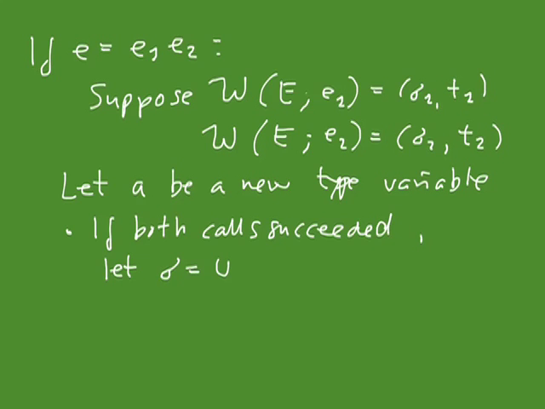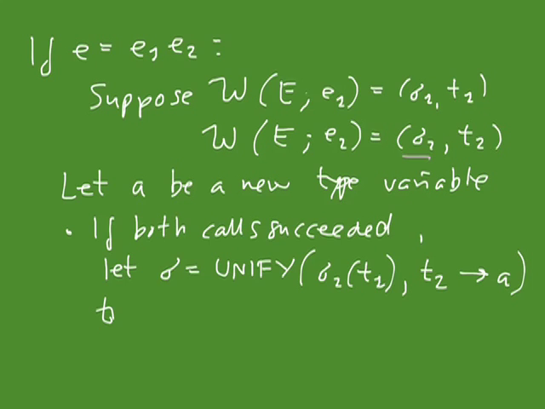We call the unification algorithm with the type T1 with respect to the substitution sigma 2, because this tells us what the type T1 really is according to the substitution that we found for E2. And then the other argument is T2 arrow A. And if we can actually find out what A is, then we're happy.